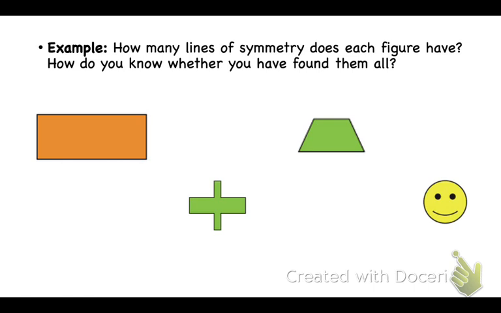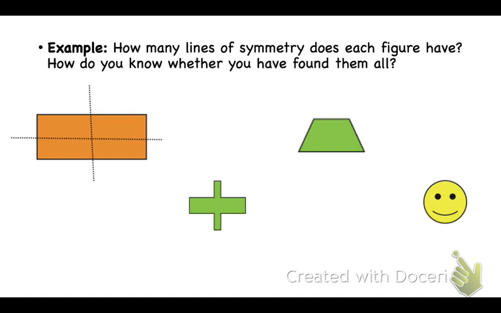So I'm going to pick on Regan. This rectangle, how many lines of symmetry do you think it has? 2. Where are they at? Horizontal and vertical. Horizontal is 1, and vertical is 1.